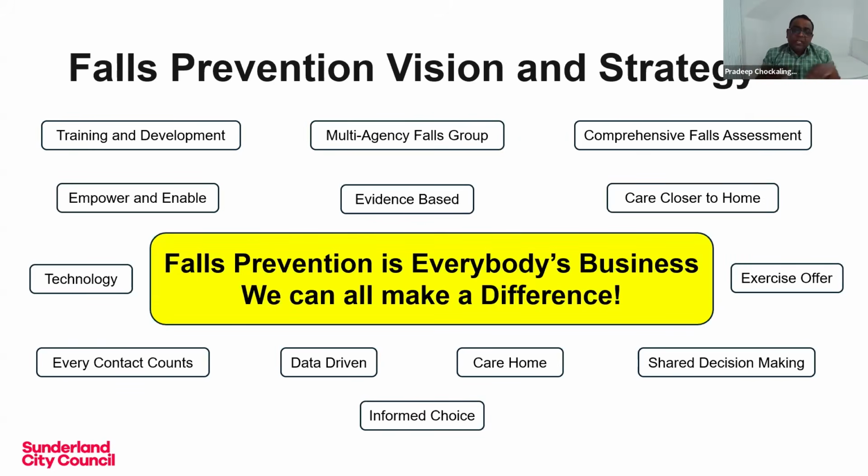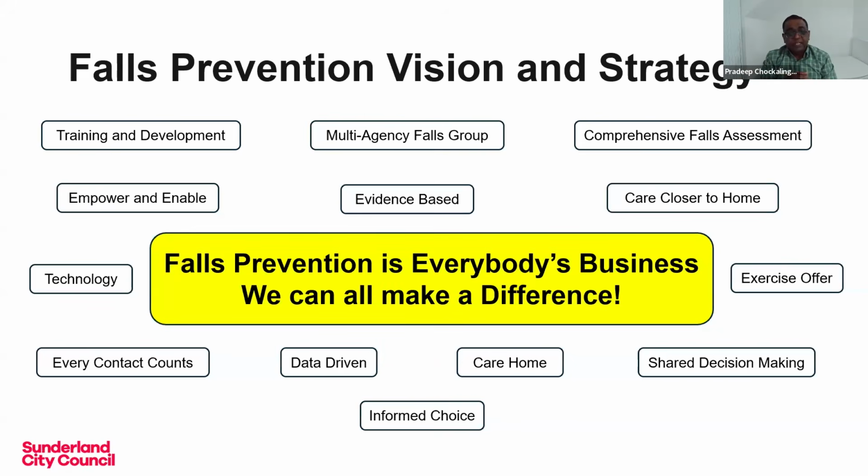Deriving that and keeping everything in mind, out of the council's bigger vision, we created our own vision and strategy for falls. Our vision is falls prevention, everyone's business. We can all make a difference.